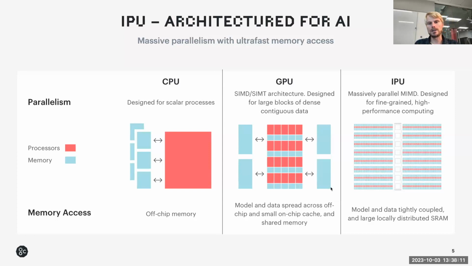So we are enabling a different spectrum of problems with this IPU architecture. And CPUs are designed for scalar processes, and they are adding some SIMD vector operations or even matrix-based operations recently in AVX, for example.